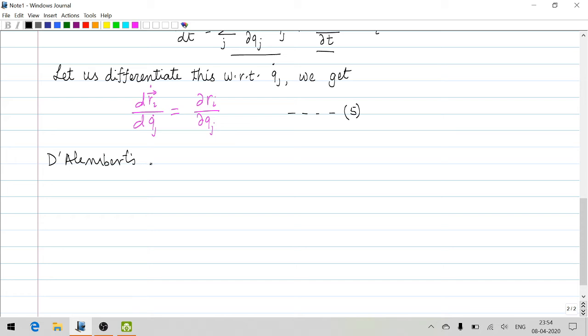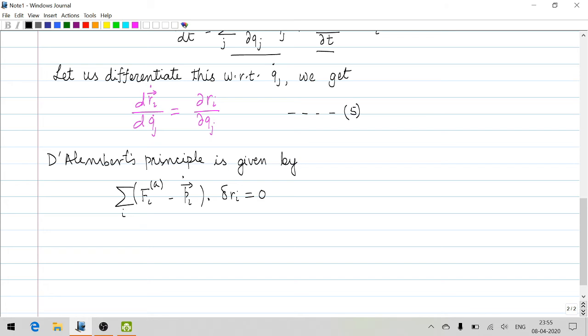It is given by summation over i, Fi applied minus Pi bar dot, delta Ri is equal to 0.